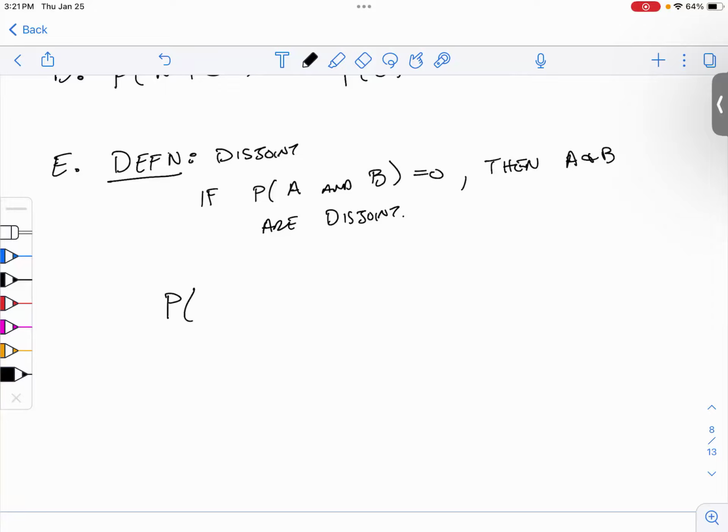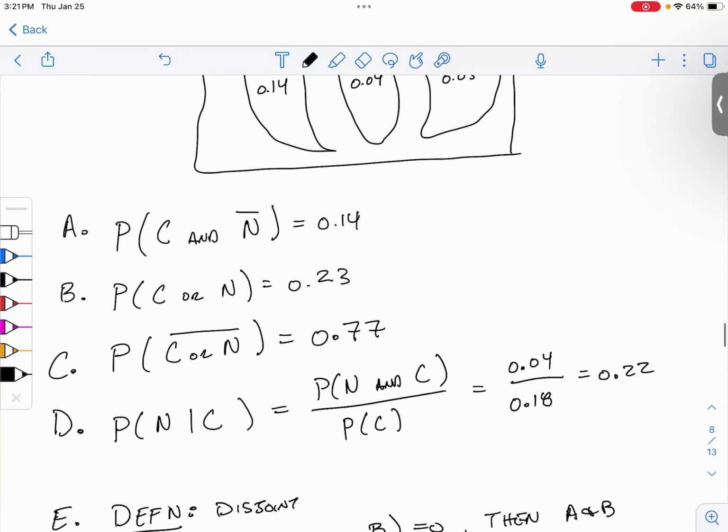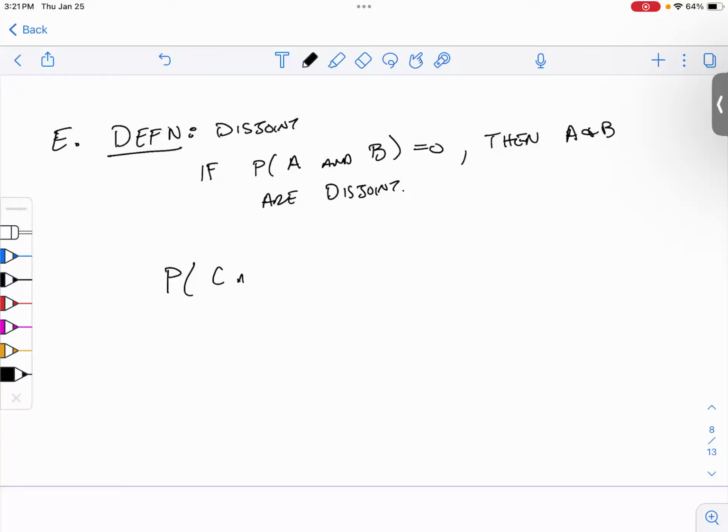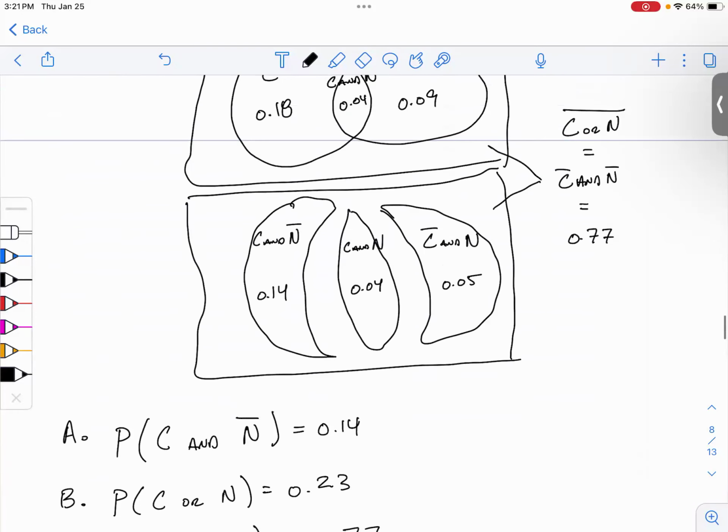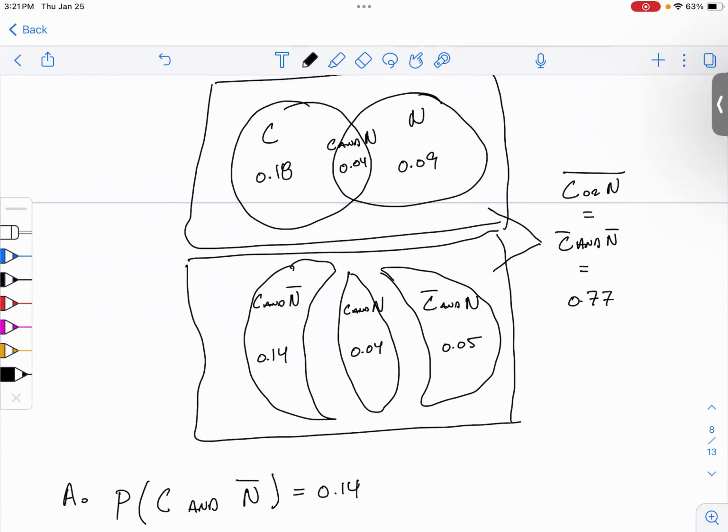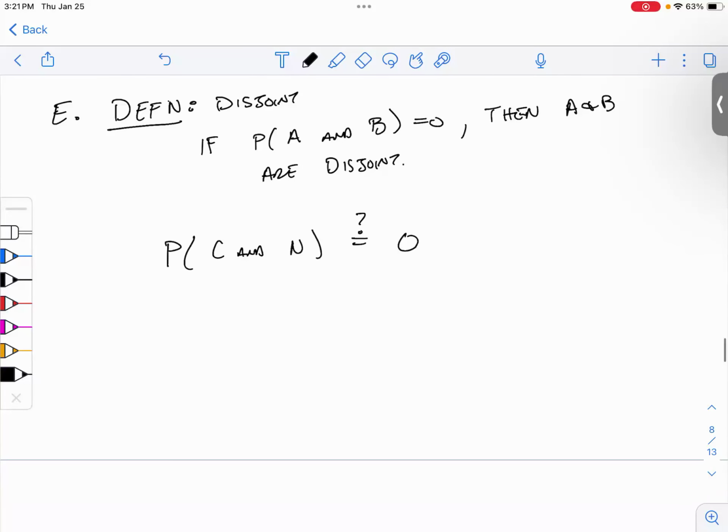Instead of A and B, what do I have? C and N. And this is basically just asking for a comparison. Is the probability of C and N equal to 0? So what is the probability of C and N? 4%. Is 4% equal to 0%?